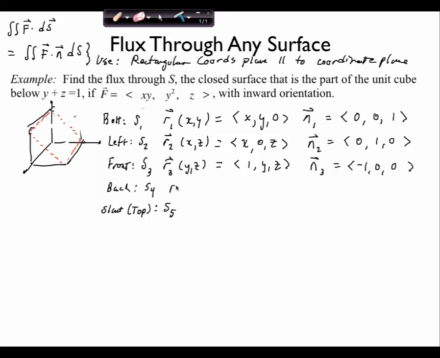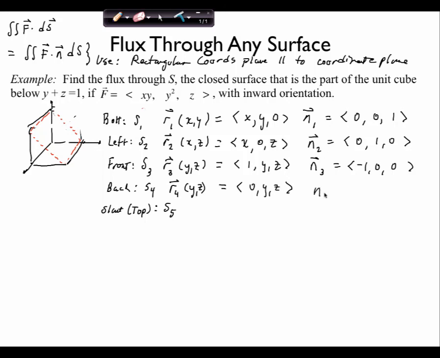Okay, so R4. What is that? The back. Parameters: Y and Z again. All points on that back surface can be written as 0, Y, Z. Good.